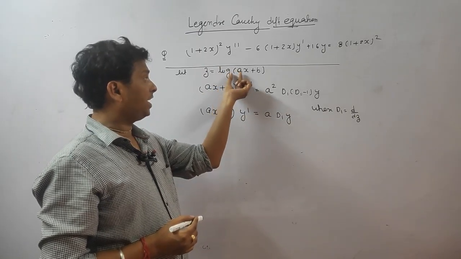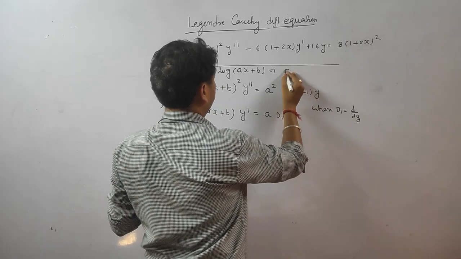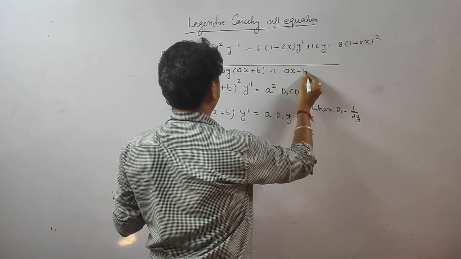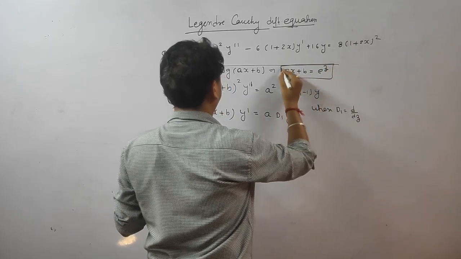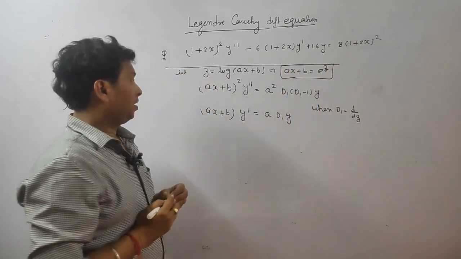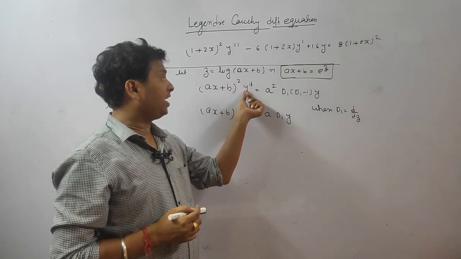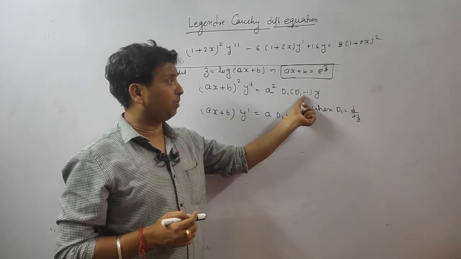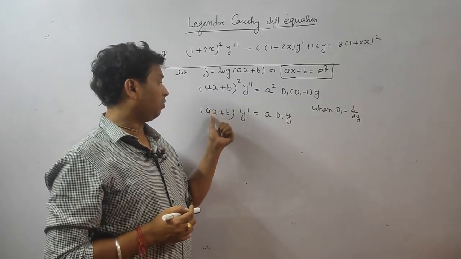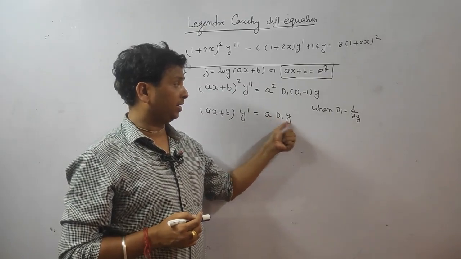We have chosen log(ax plus b) is equal to z, so it means ax plus b is e to the power z. In place of (ax plus b) whole squared y double dash, you have to write a squared D1 (D1 minus 1) y. In place of (ax plus b) y dash, you have to write a D1 y.